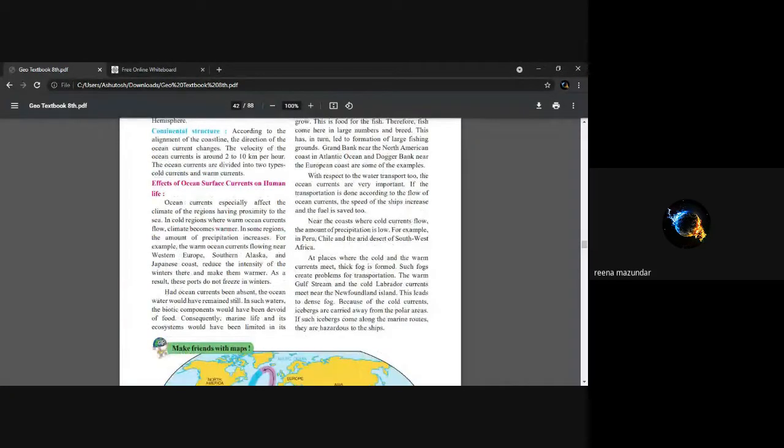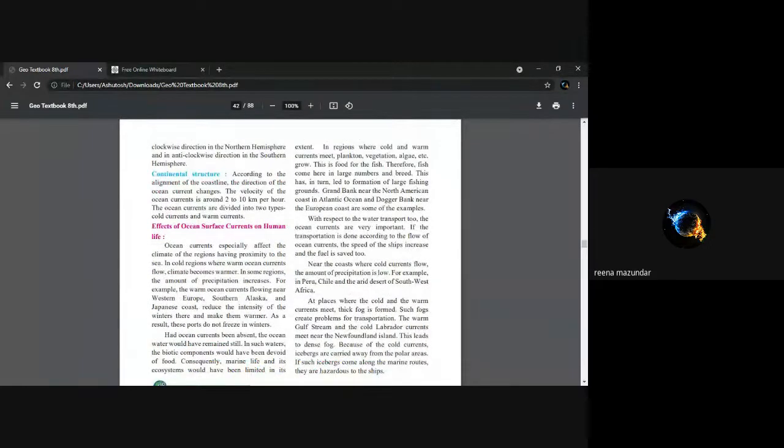Anybody else who will write and give? Where is Soham? Gone. Left the meeting. Very good. Again, three of them remain. Two of them left.